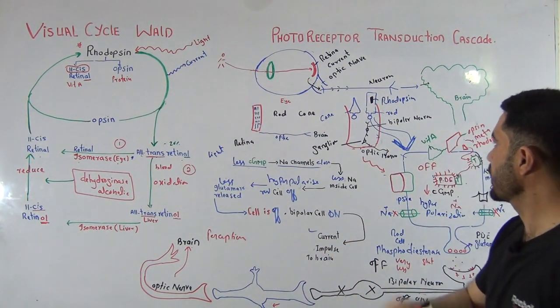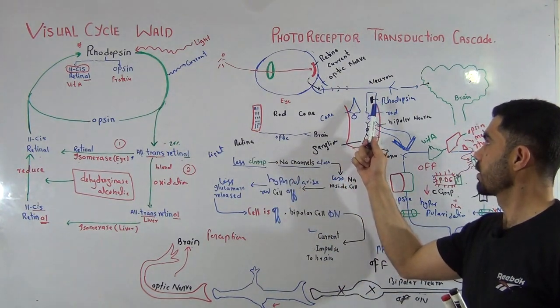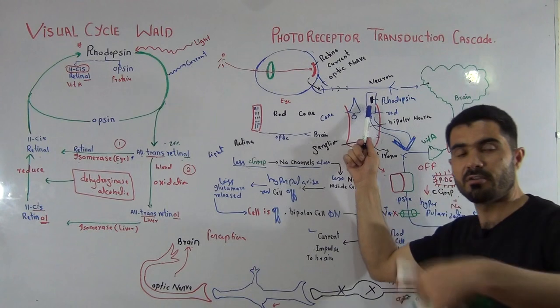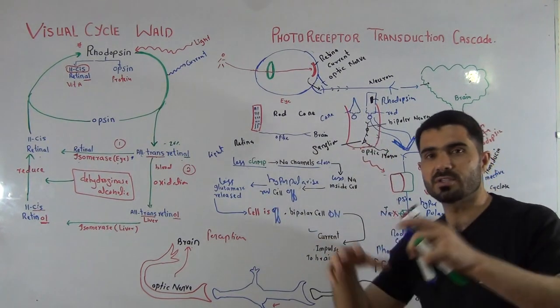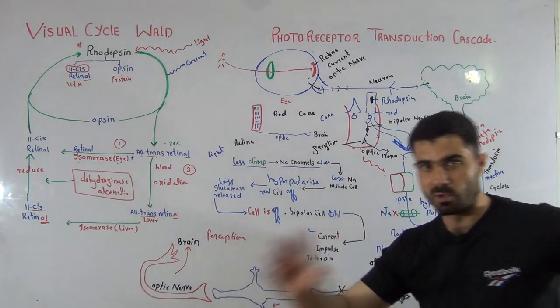In a nutshell, inside the retina we have two types of cells, the rod cell and the cone cell. Cone cells are involved in color, rod cells are involved in vision in the dark and in the daytime, both.